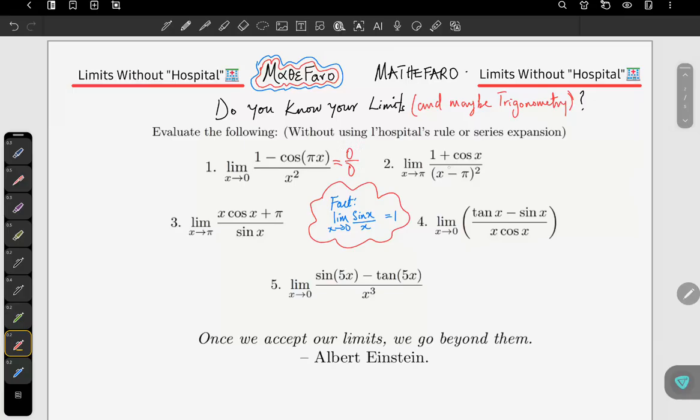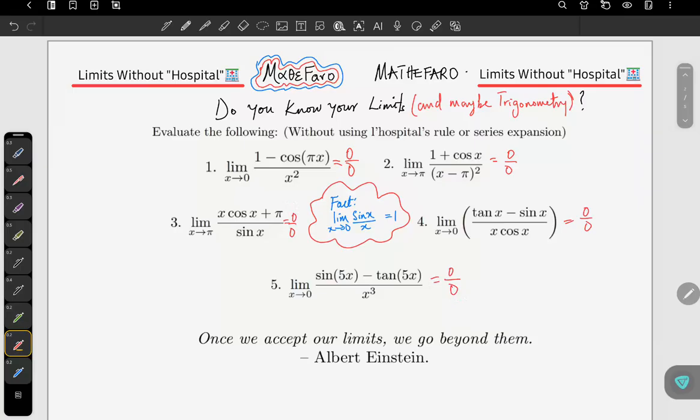The second one, you have x approaches pi. Direct substitution will give us 1 minus 1 over pi minus pi, which is also 0 over 0. The third one will also give us 0 over 0, because sine of pi is 0. The next one will give us 0 over 0. The next one will give us 0 over 0.